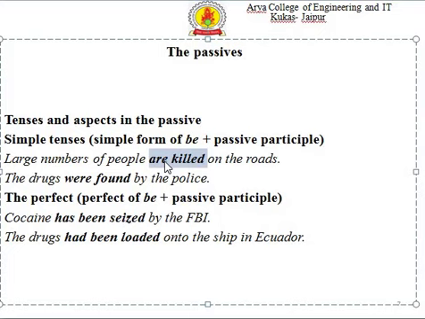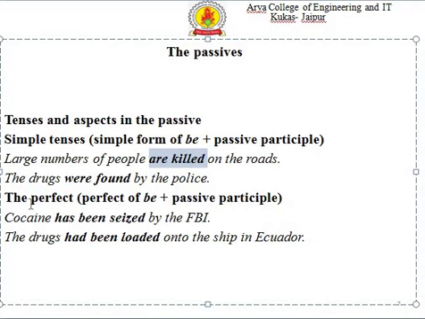Here we are using are. The drugs were found by the police. This is the passive, and the active would be: police found the drugs. So in simple tenses, either present or past simple, this would be the format.